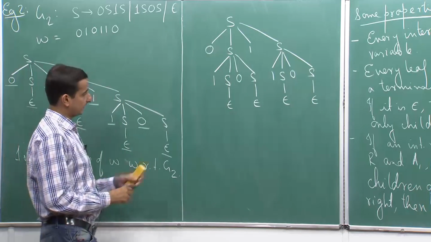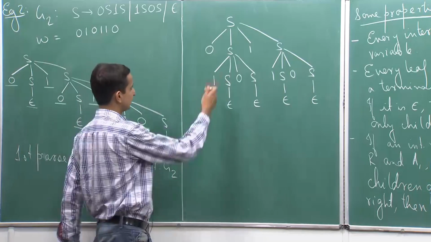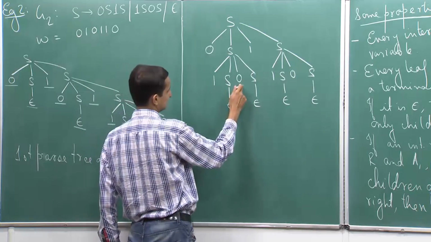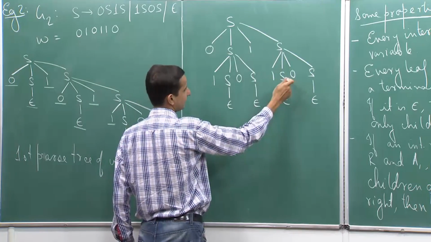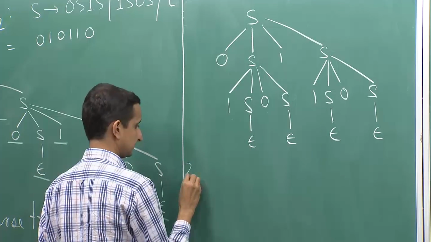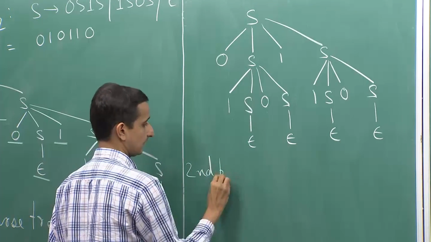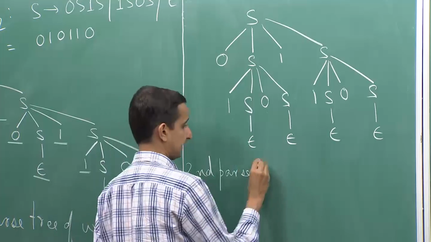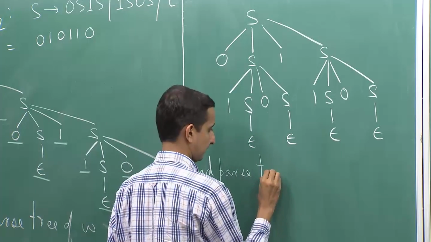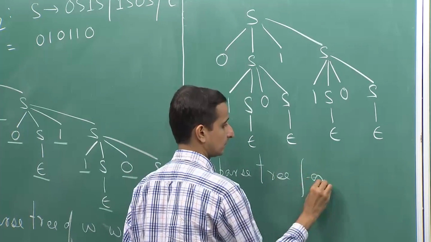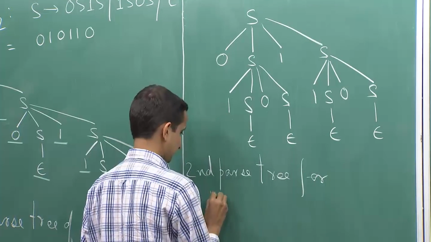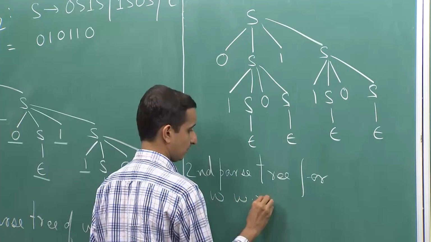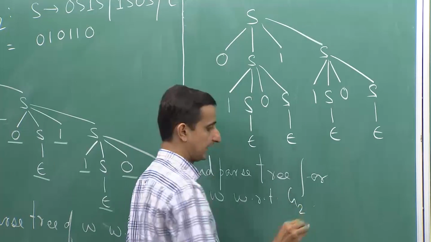So, once again, if I look at the concatenation of the symbols, I get 0 1 0 1 1 0. Okay. So, this is our second parse tree for W with respect to the grammar G2.